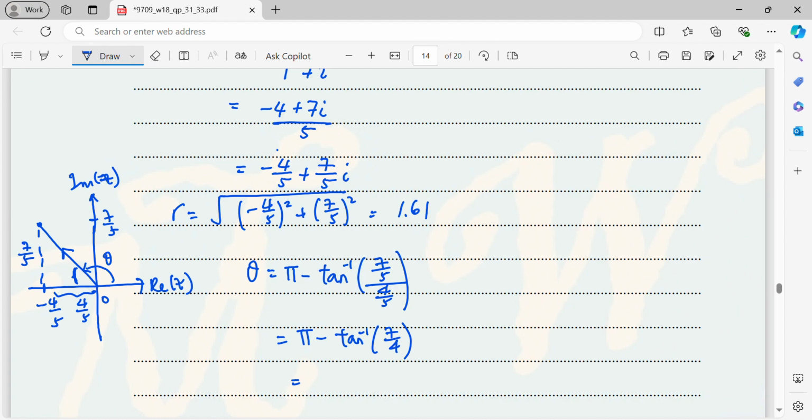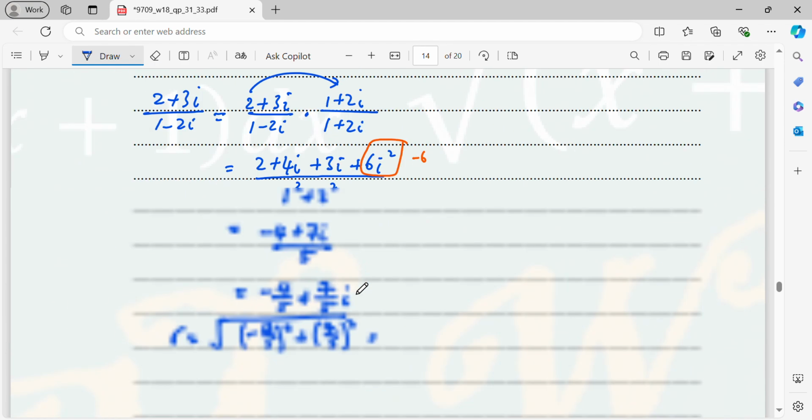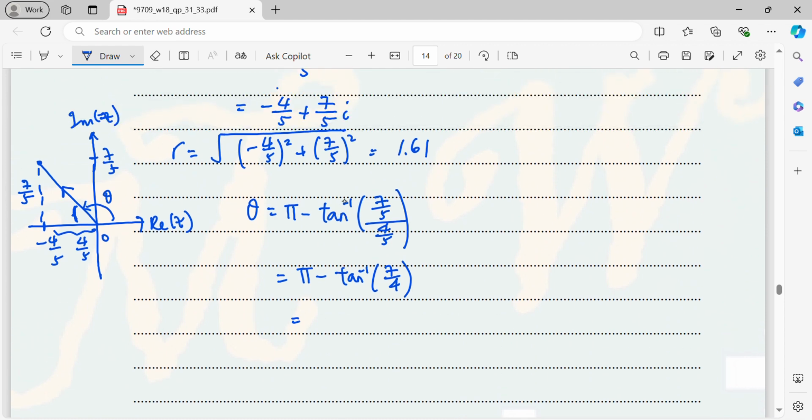Remember, the answer requested 3 significant figures, so use your calculator in radians mode. Then you will get 2.09. Therefore it will be 1.61 e to the power 2.09 i. So that's the answer of this question.